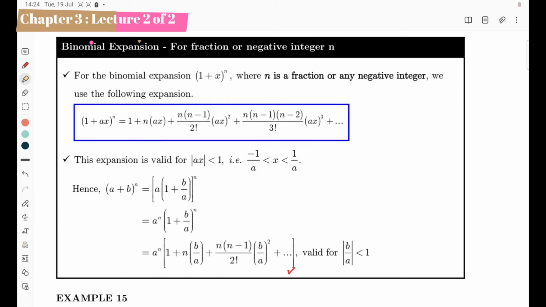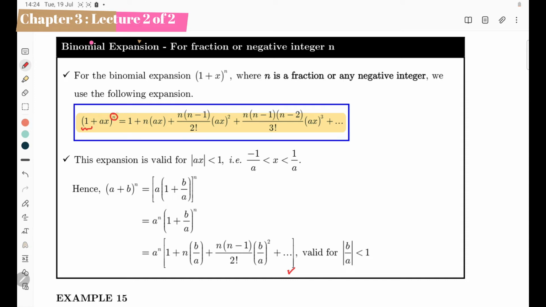Hi, we're still in the second subtopic for chapter 3. This time we have the binomial expansion for fraction or negative integer n. This is the formula for the expansion of (1 + ax)^n. Note that to use this expansion formula, we have to make sure we have 1 inside the bracket, and be careful about its power n.